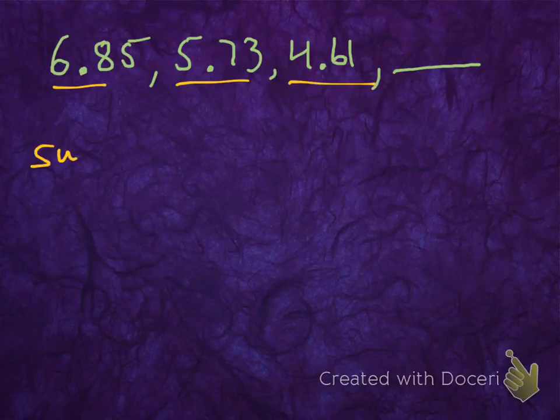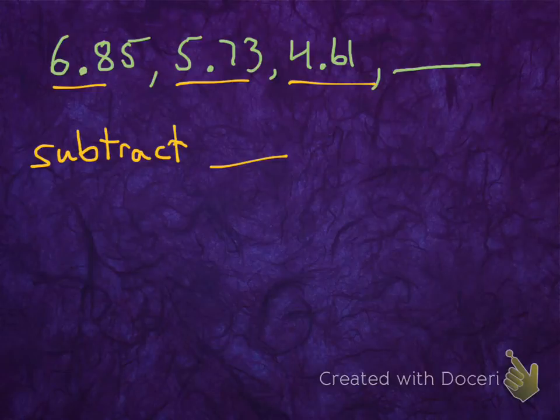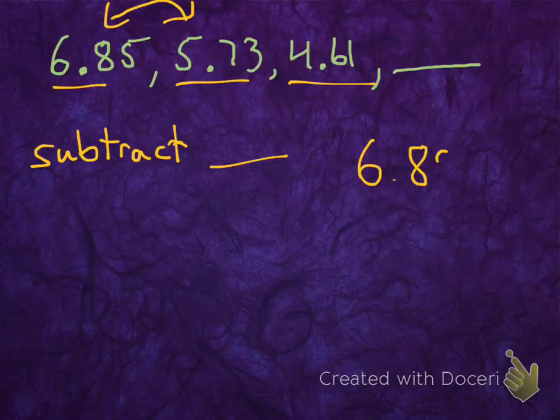Therefore, my rule is going to be subtracting by a certain amount. So I need to figure out what that amount is. To do that, you need to figure out the difference between two consecutive numbers in the sequence. So I need to find the difference between 6 85/100 and 5 73/100.